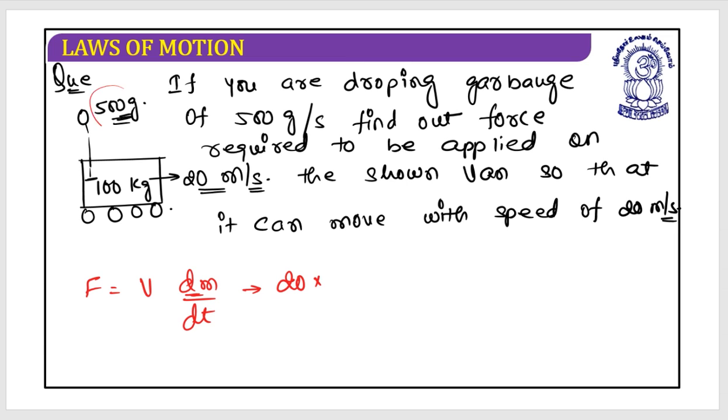My dm is 500 gram, so this is 500 divided by 1000, because it says 500 gram per second. So this has gone, and you need to apply a force of 10 Newton. You need to apply a force of 10 Newton continuously from outside the system. That means you need to push the system, so that it can continue moving with a speed of 20 meter per second.